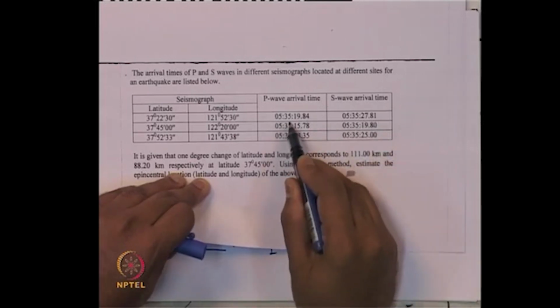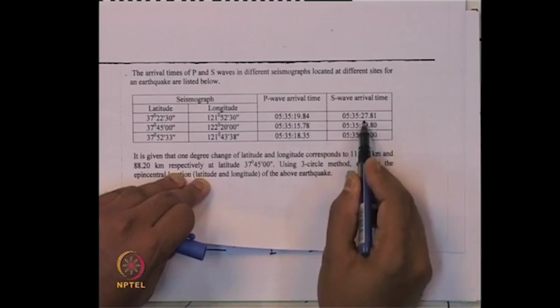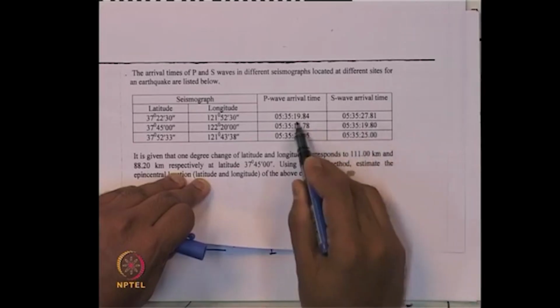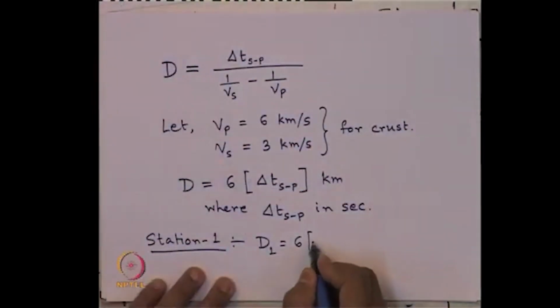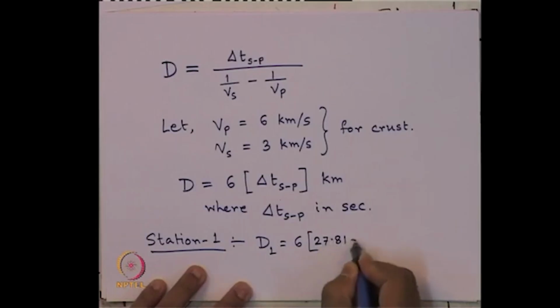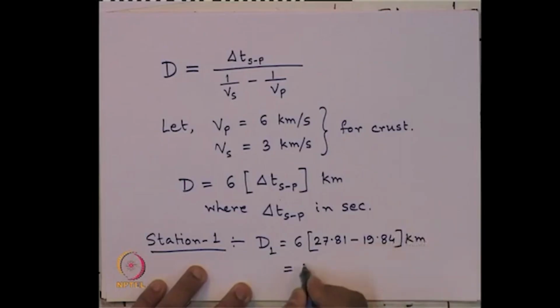This is 5 hour 35 minute 19.84 second. So, in the second unit, the difference is 27.81 minus 19.84, so many kilometers, which works out to be 47.82 kilometer.